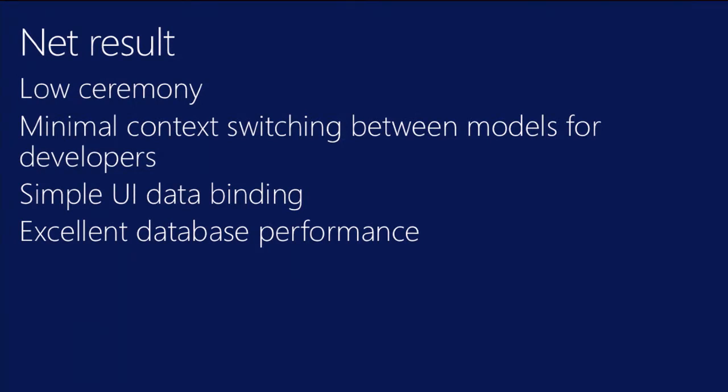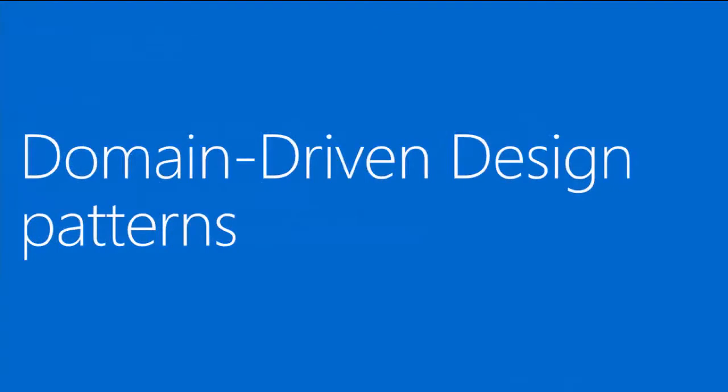All right. So the next thing I thought I'd talk about is domain-driven design patterns. And domain-driven design patterns come in two flavors. There are strategic patterns, and I talked about one of those, the bounded context. The bounded context pattern affects your entire architecture on a very high level.